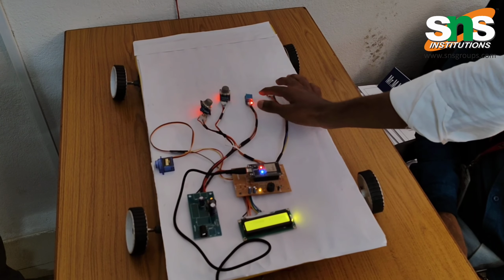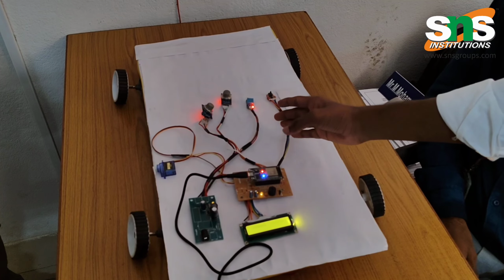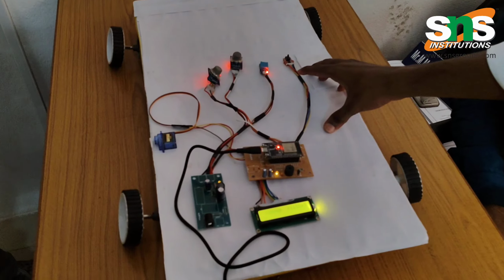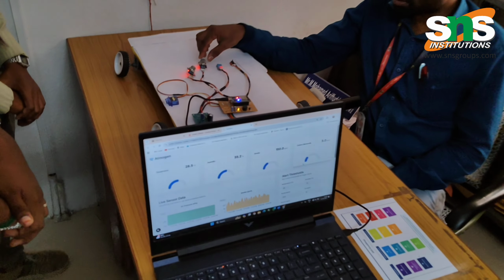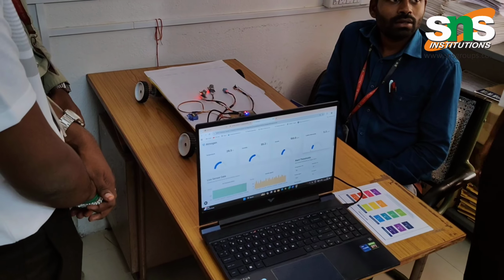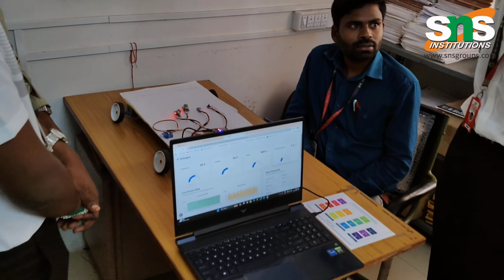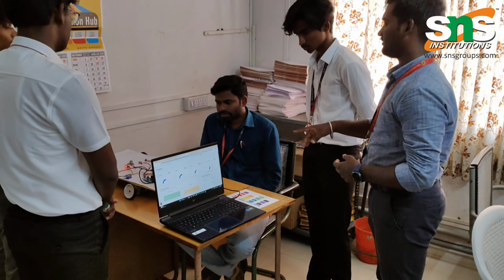Afterwards we have installed a moisture and temperature sensor inside the cabin, and a pressure sensor. So what is the name of this sensor? MQ135. What is the purpose? Gas sensor. It continuously monitors gas quality, sir.